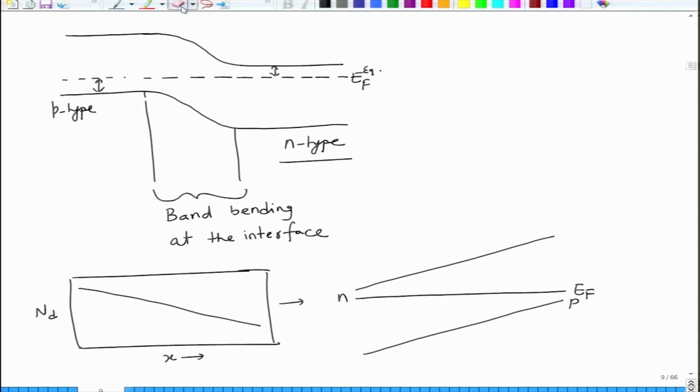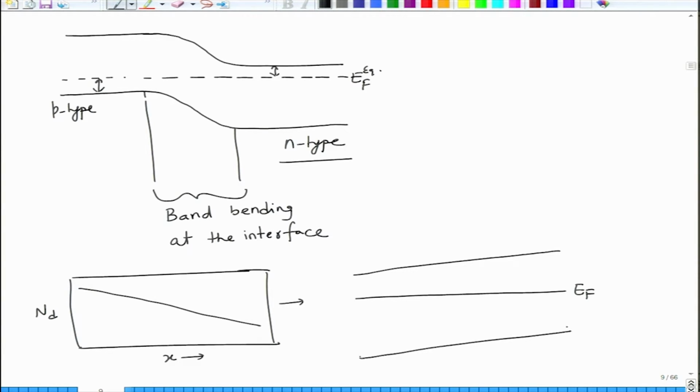If it's purely N type, the slope may be something like that. So you can see again you have a band bending. Band bending means you have some electric field here. So basically you have an electric field in this region. I will come to that.